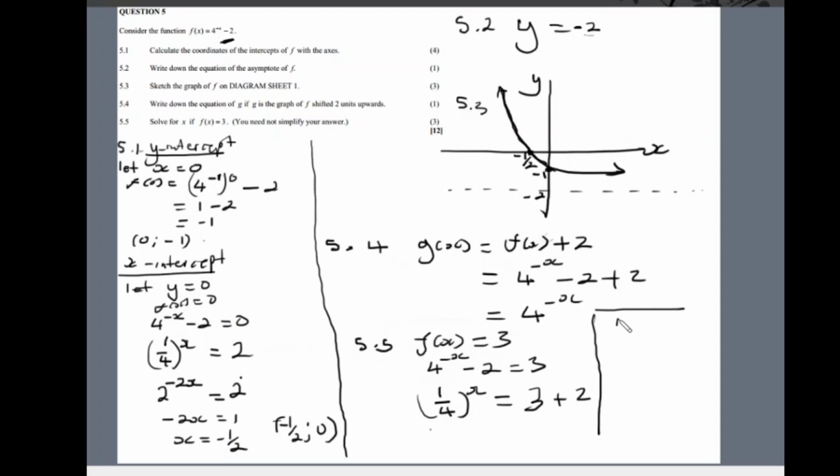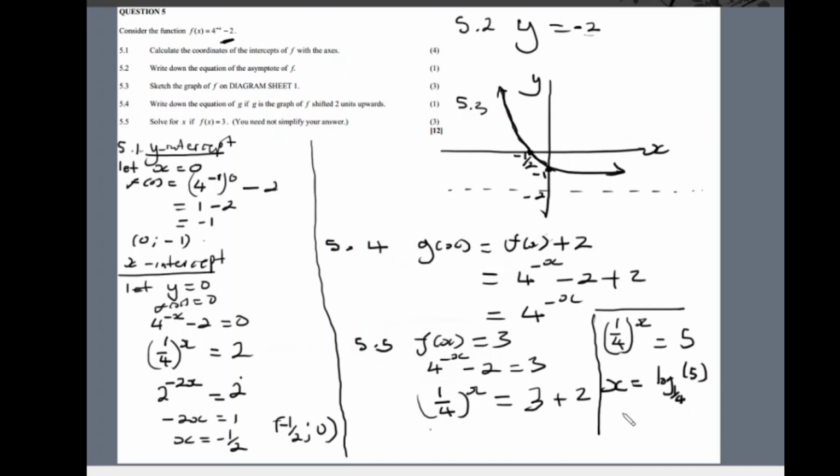I will have 1/4 to the power x is equal to 5. To solve for x, I'll use the log function. So x equals log base 1/4 of 5. That will be my x.